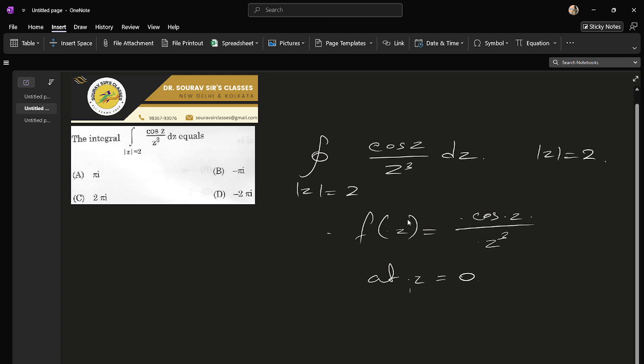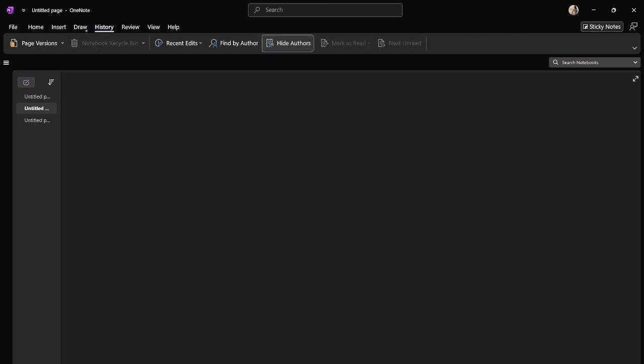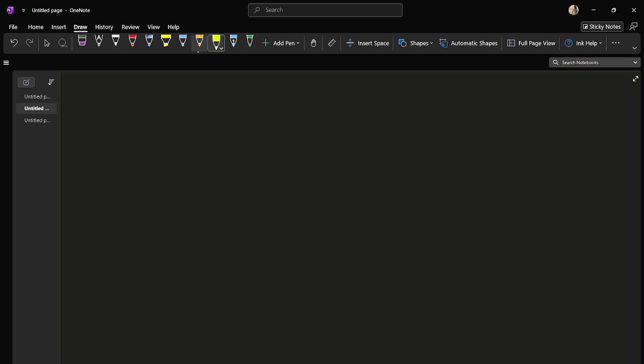Now we are going to calculate the residue, as that will be enough to calculate our integral.